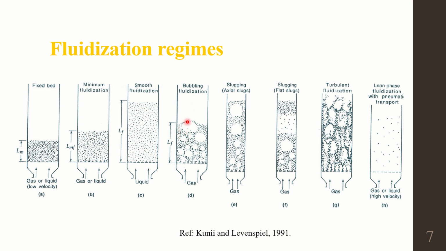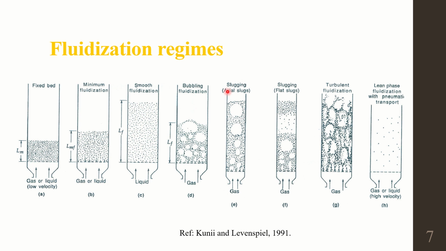With further increase in the velocity, the bubbles grow in size. The bubbles start forming at a very small size and keep on growing. This is known as axial slugs because the bubbles are growing in the axial direction, from here to there. And there comes a point with increase in velocity where the bubbles are almost reaching the diameter of the column or the vessel. This is known as flat slugs.